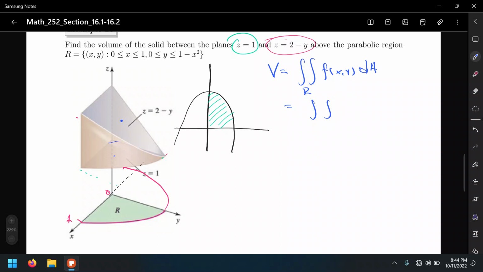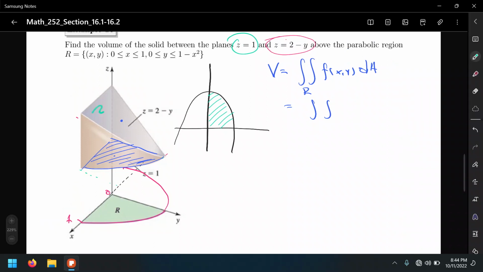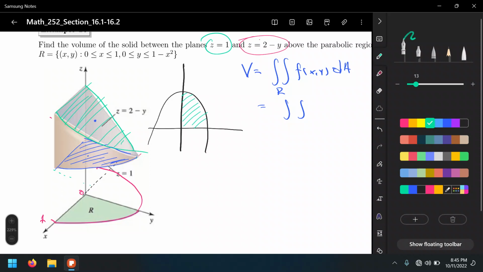That is, this is the one below, and this is the one above. All right. So even for solids work like that: upper minus lower.